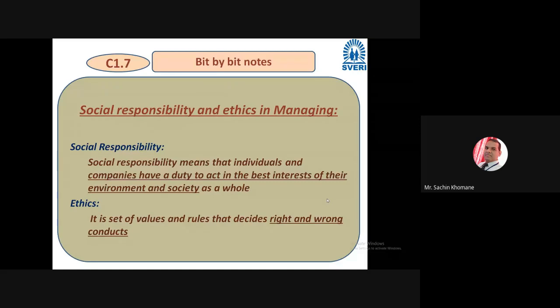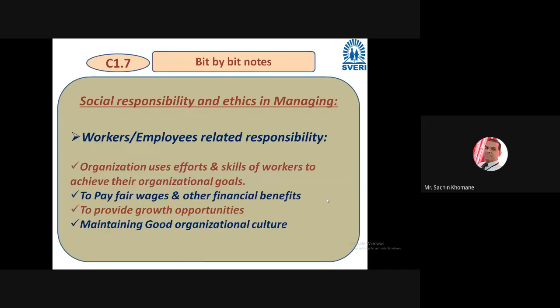Getting it? So in managing, these 2 things are very important: social responsibility and ethics. I hope you understood these 2 terms, because I want to tell you how many aspects should be considered while managing, related to social responsibility and ethics. So let us start a discussion on workers-related responsibility in managing.